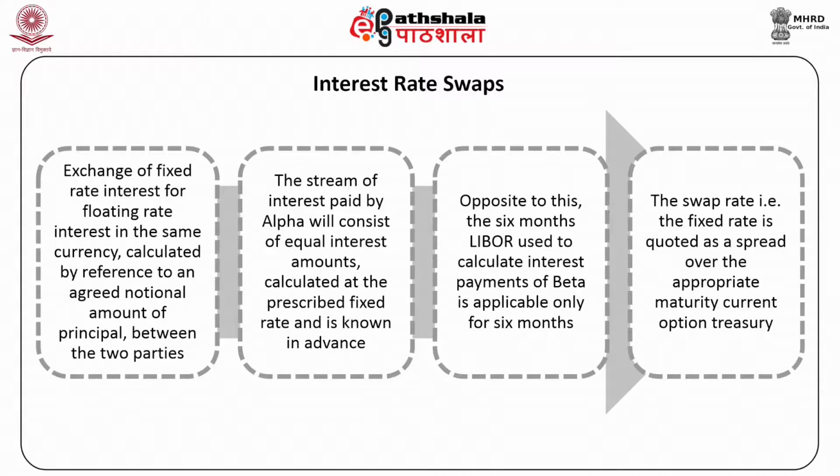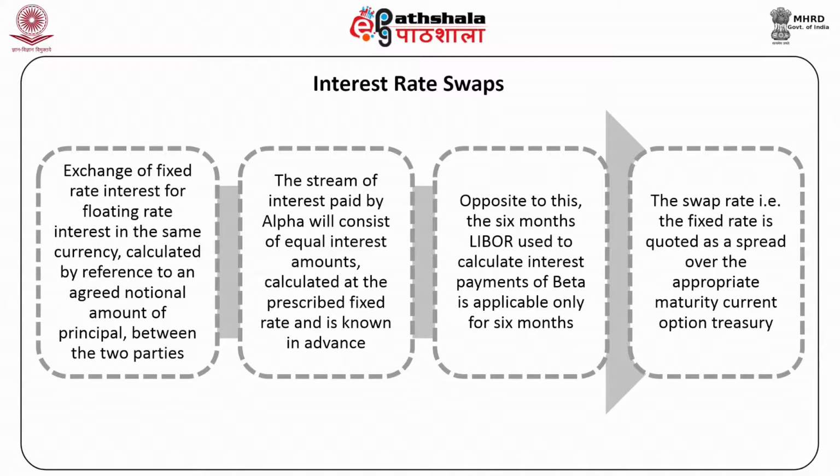Opposite to this, the 6 months LIBOR used to calculate interest payments of Beta is applicable only for 6 months, as once in every 6 months the LIBOR rate is reset, there would be as many dissimilar payments. Hence, in the case of Beta, only the first 6 months interest amount is known in advance.